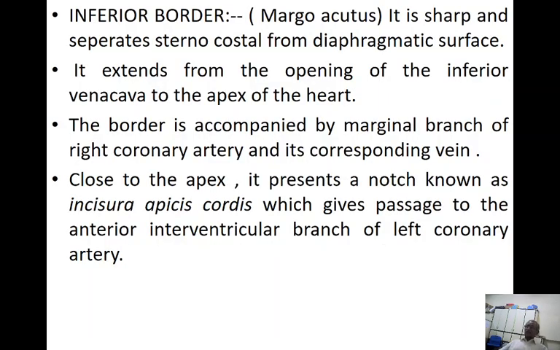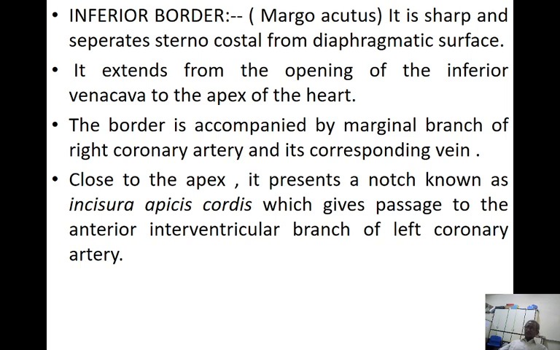Inferior border, or acute margin: it is sharp and separates the sternocostal from the diaphragmatic surface. It extends from the opening of the inferior vena cava to the apex of the heart. The border is accompanied by the marginal branch of the right coronary artery and its corresponding vein.